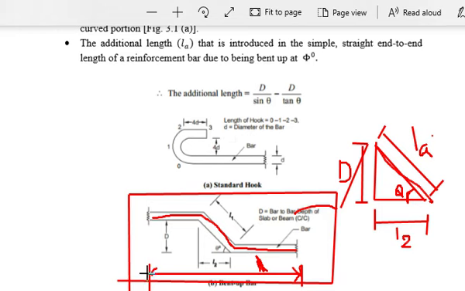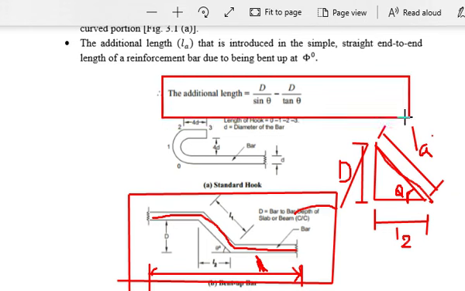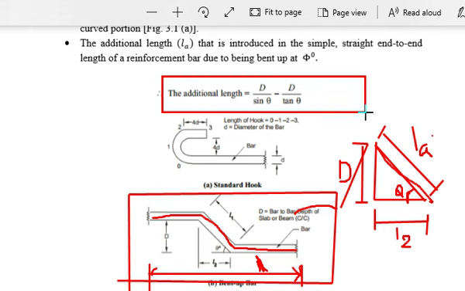But we already covered this length L2, so I have to remove this L2. The L2 will be D by tan theta. Tan theta means perpendicular by base. So L2 we have to remove. So this is the additional length. I think it is clear to you how we calculate this additional length.